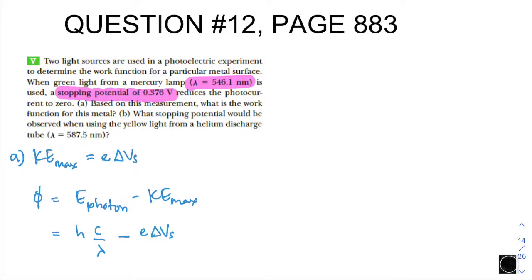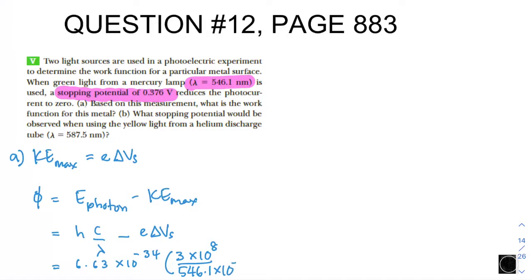So this is equivalent to 6.63 times 10 to the power of negative 34, times 3 times 10 to the power of 8, over the lambda, 546.1 times 10 to the power of negative 9.